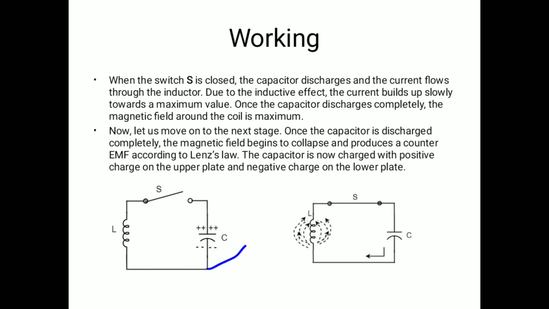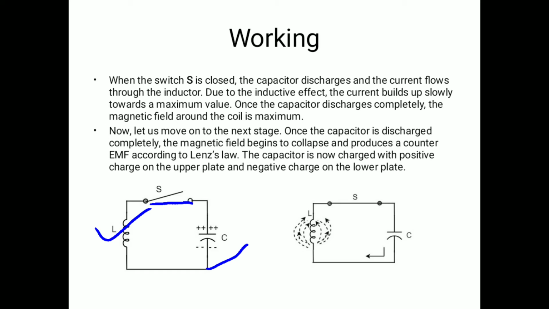Now if we have a switch S here and we close this switch, the capacitor discharges and the current flows through the inductor. Due to the inductive effect, the current builds up slowly to the maximum value, and when the capacitor discharges completely, the magnetic field developed around the coil will be maximum.